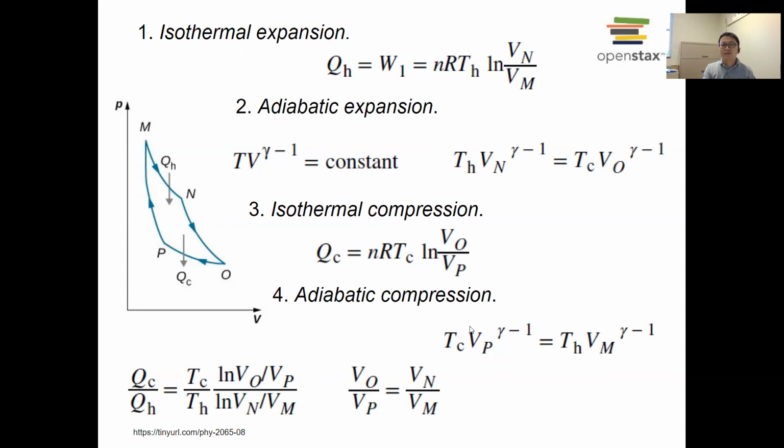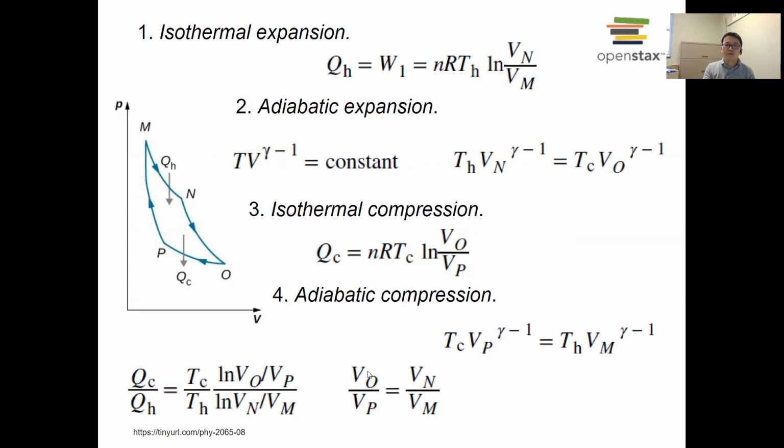Typically we consider those two as adiabatic processes because that happens quickly. So TV^(gamma minus 1), in that sense. So you can prove this. QC over QH is going to be equal to T_C ln(V_O over V_P) divided by T_H ln(V_N over V_M).